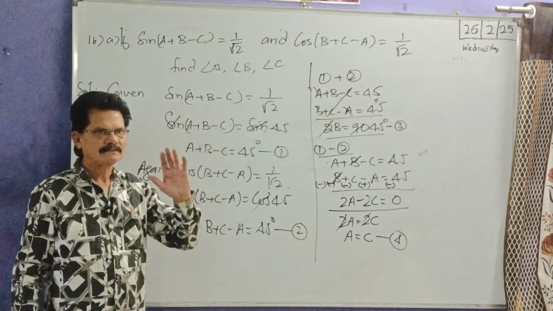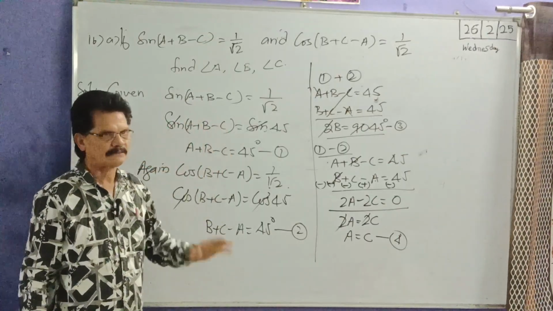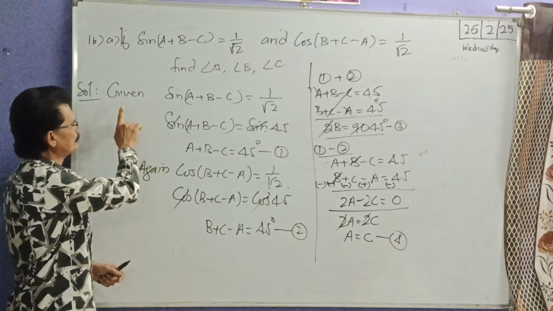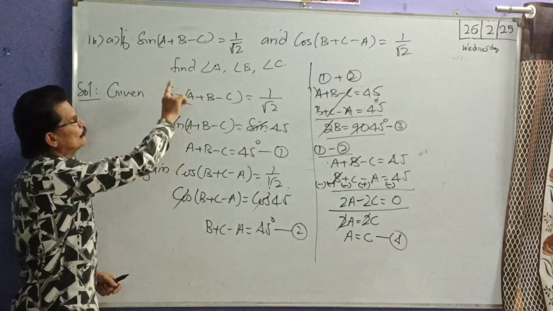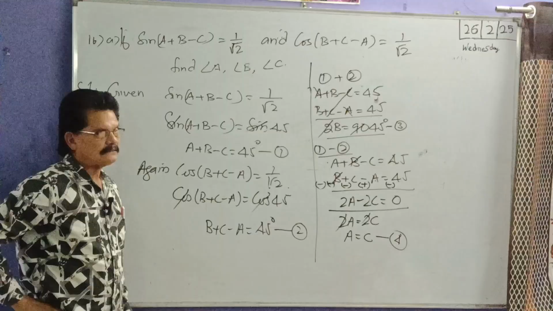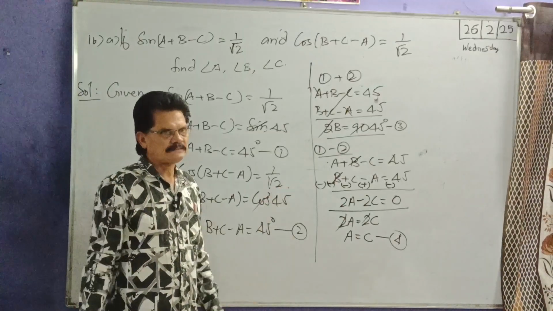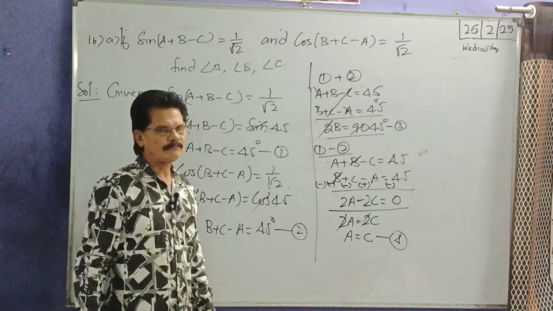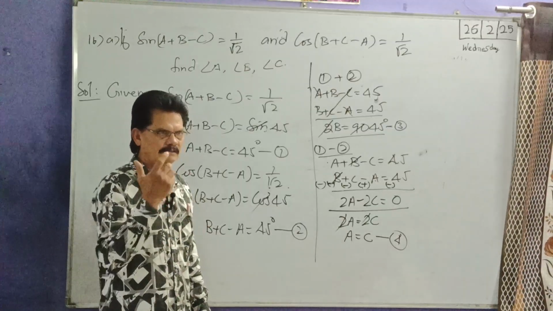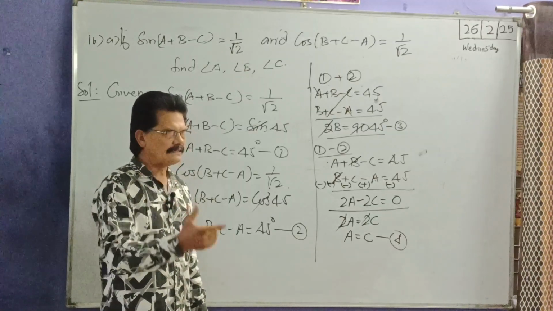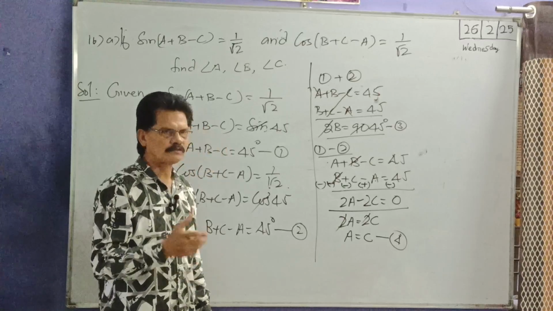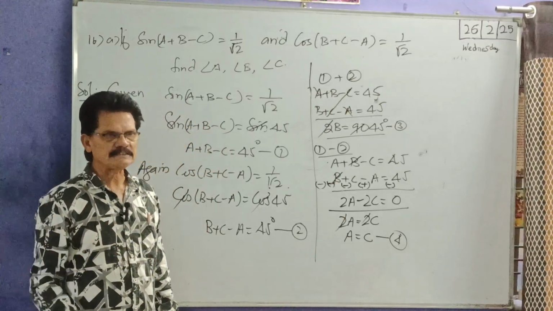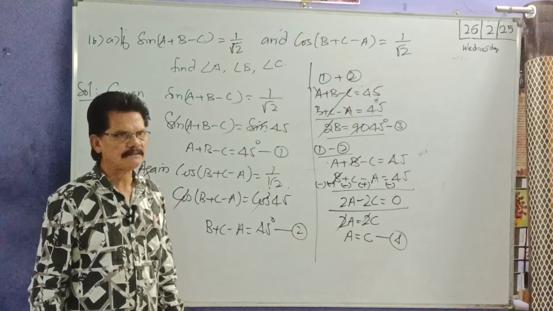It is not given here; only two conditions are given. The third condition is universal, already known to every student from 7th or 8th class. We know that A plus B plus C is 180 degrees.